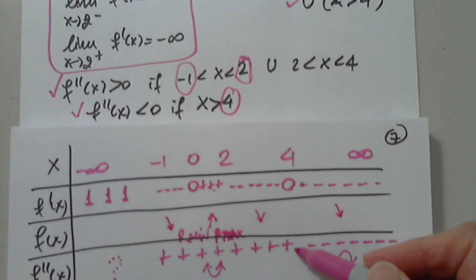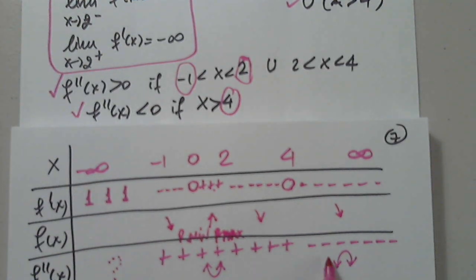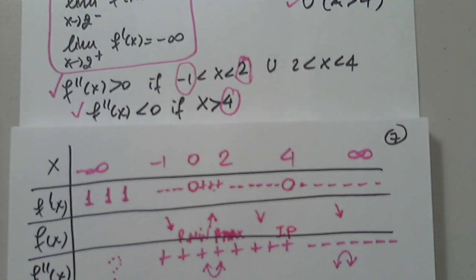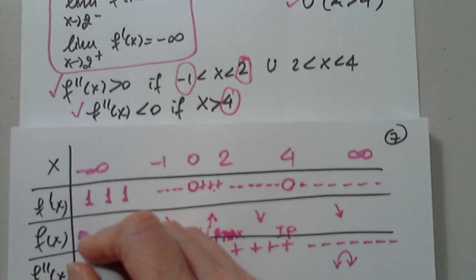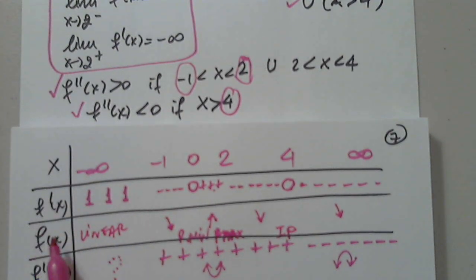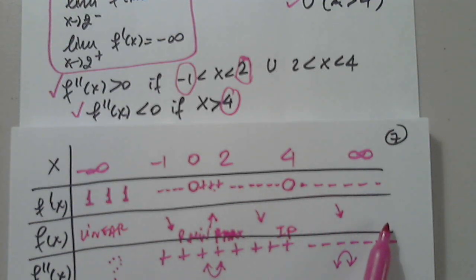Here at 4, something happens because it changes concavity, so this point must be an IP. Here, the function must be linear. How do I know? Because only a linear function has a constant slope. So I identify everything else.